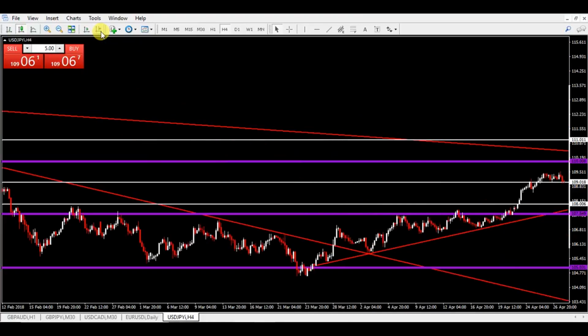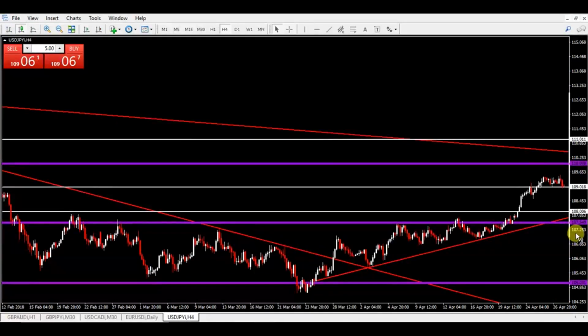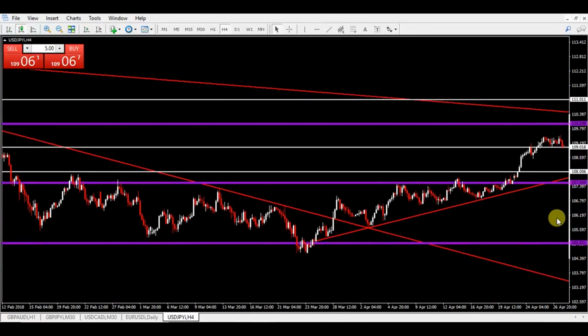Basically, Fibonacci, for those of you who don't know, is a tool that can be used in helping identify places in which you're anticipating a market to retrace to before extending further upside, or retrace to before extending further downside, depending on whether you're in a bullish or bearish scenario.